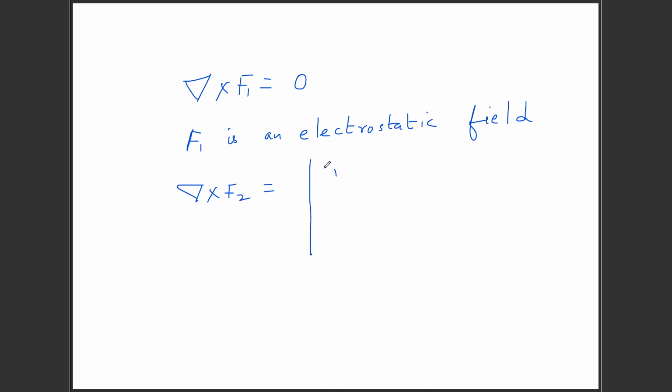Again, you write i cap, j cap, k cap; dou by dou x, dou by dou y, dou by dou z.